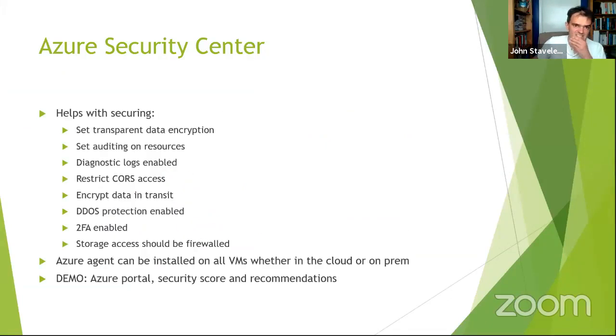So the Security Center helps with setting transparent data encryption, auditing, diagnostic logs enabled, the correct CORS settings, et cetera, et cetera. Also, if you run VMs, you've got an Azure agent that can be installed on those VMs. So those VMs can be on-prem or in the cloud, and they're all talking and pushing security information into the same center.